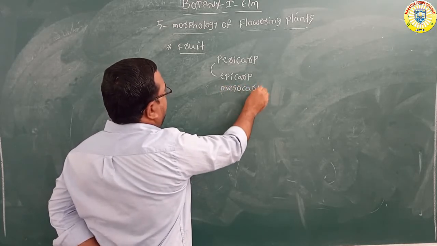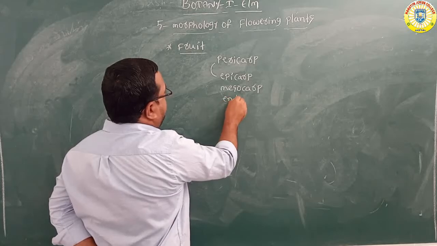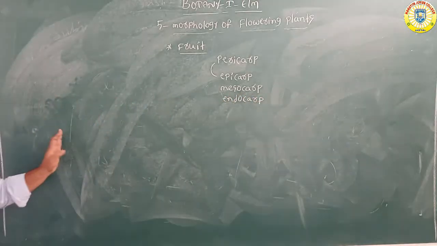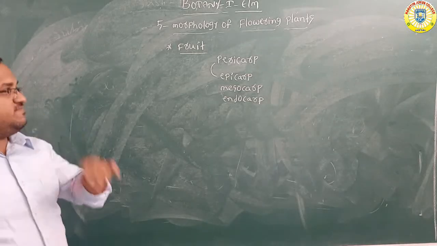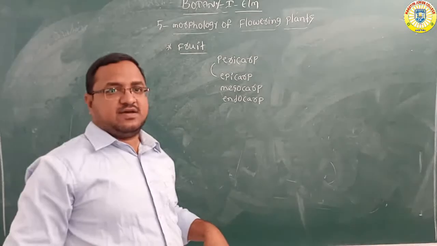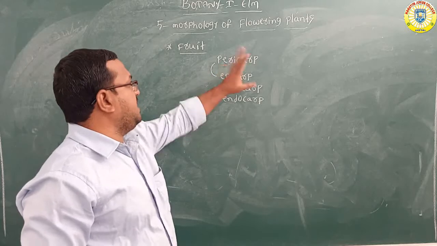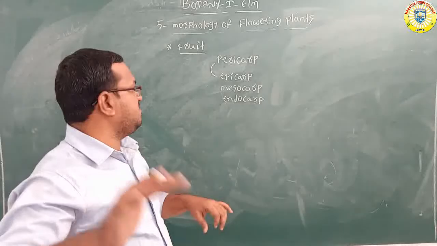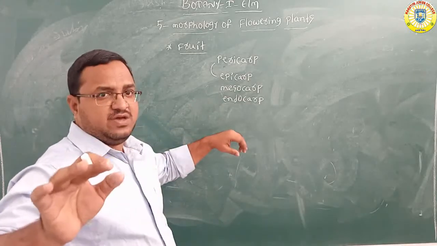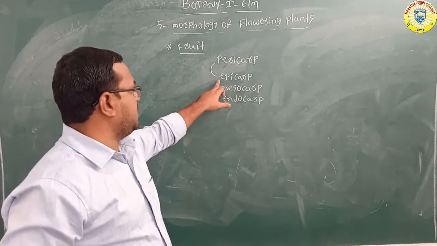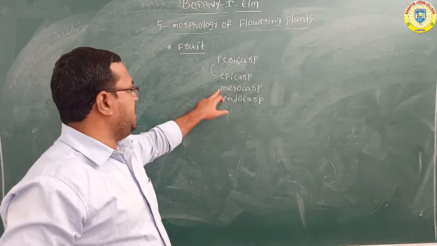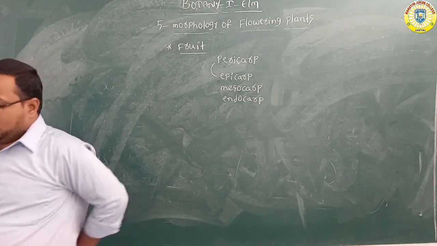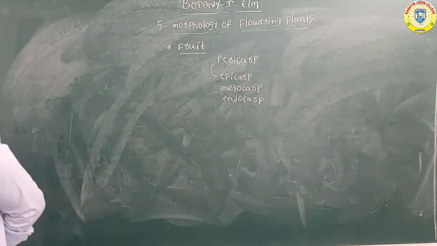The outer layer is epicarp, the middle layer mesocarp, the inner layer endocarp.